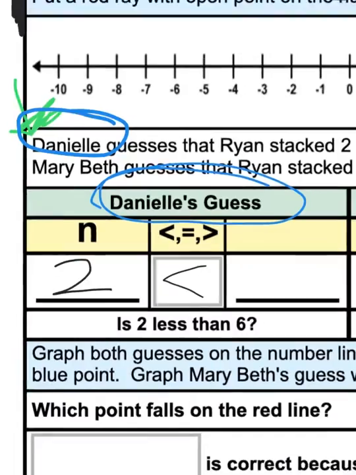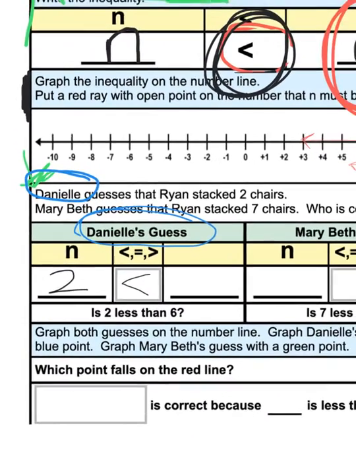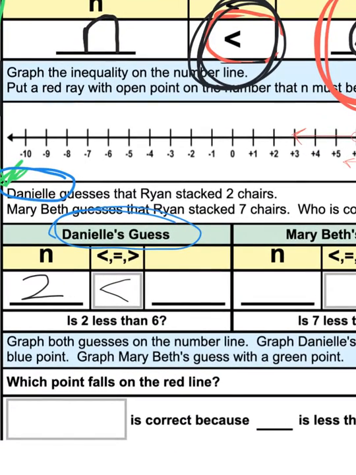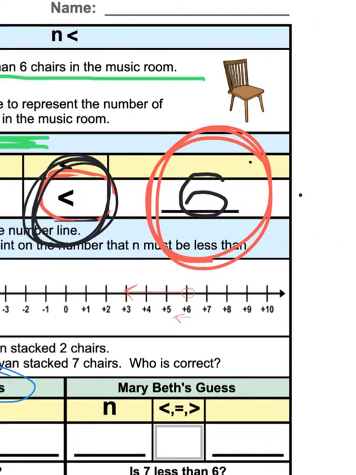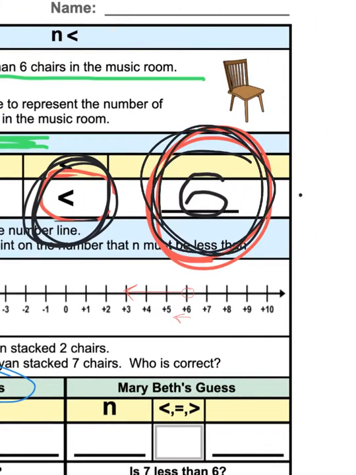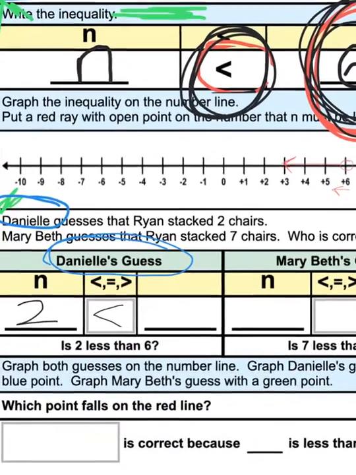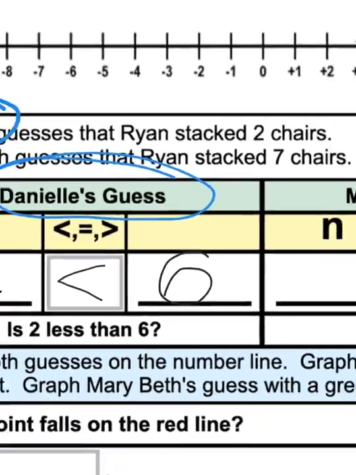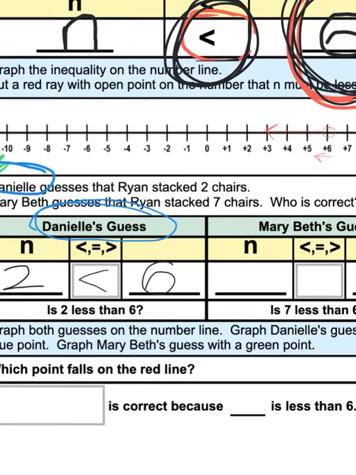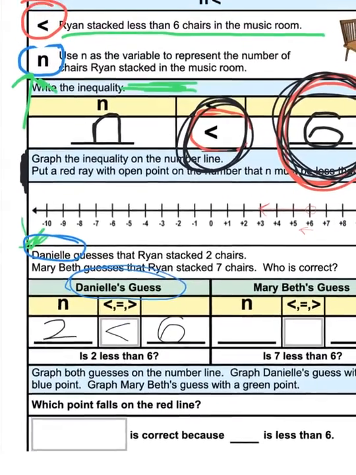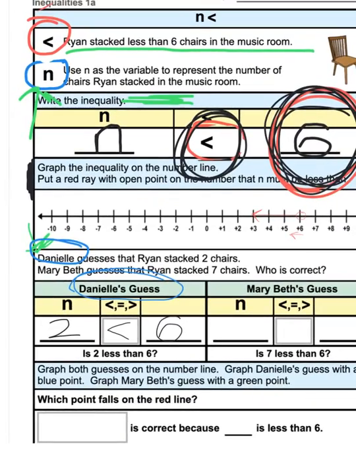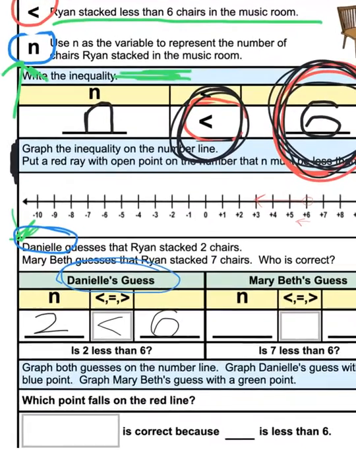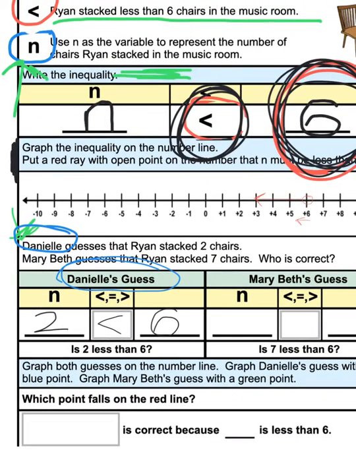So 2 is less than, and what do we say? 6, because this is the number that we are looking at right here, 6. So I'm going to write 6 right here, because that's how it says Ryan stacked less than 6 chairs. So we want to keep that consistent.